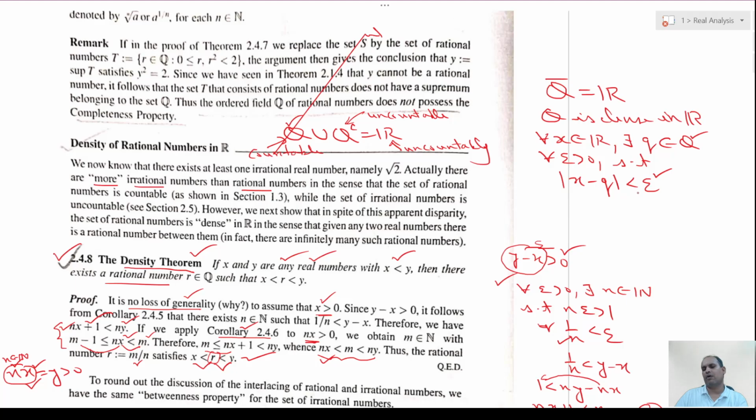So whatever bound, or error, or tolerance we choose, I can get a rational number as close as we like to this real number. So this is another idea, but I am not going to do it here.